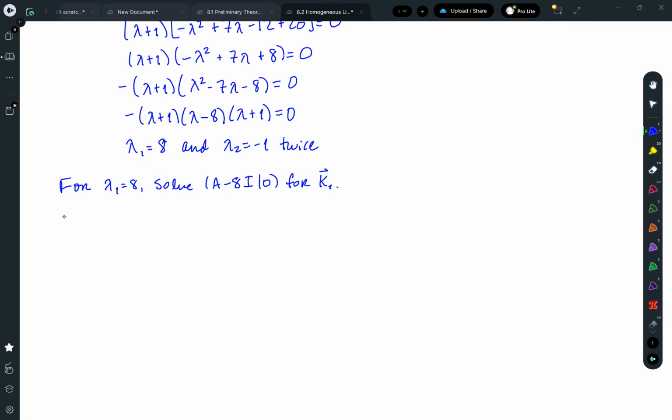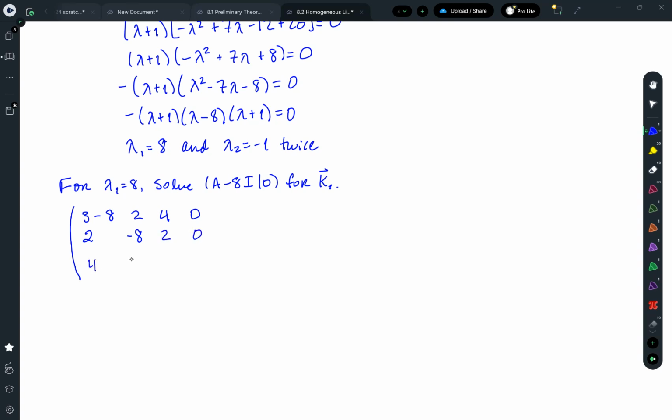Okay, A minus lambda I, A minus 8I. I'm going to plug in the 8 into my A minus lambda I, and I get 3 minus 8, a 2, a 4, and a 0. I get 2, and then I get a minus 8, 2, 0.